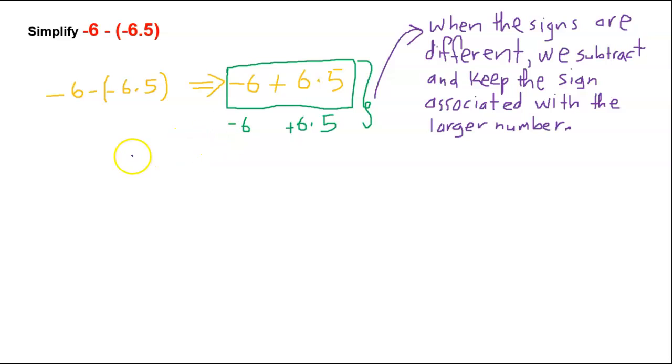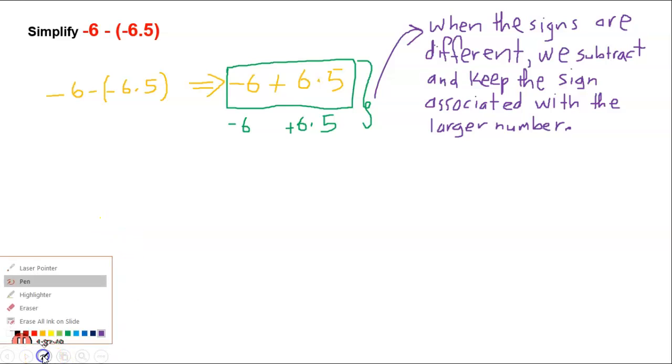So we have to say 6.5 subtract 6, because we have to subtract the smaller number from the larger number.